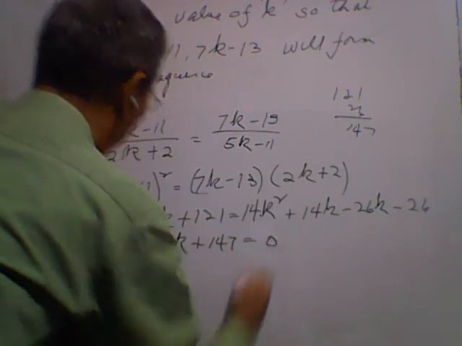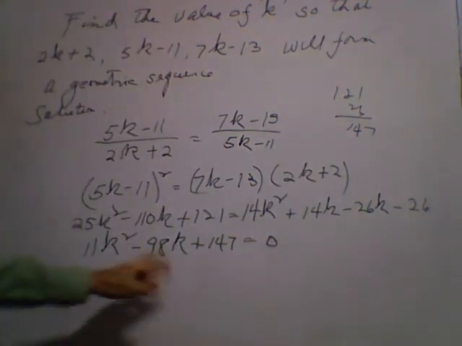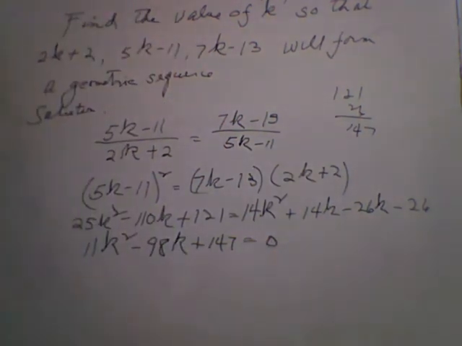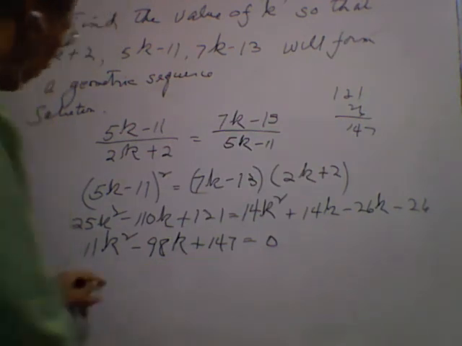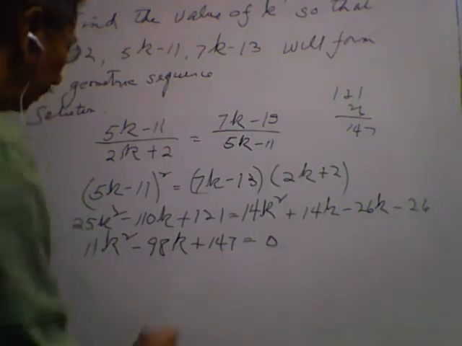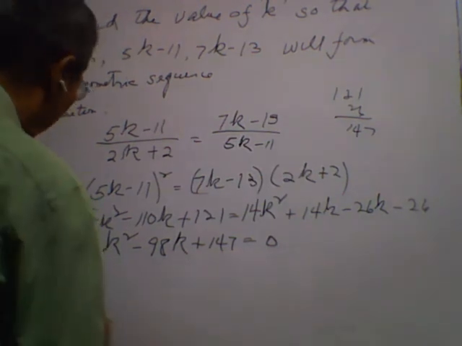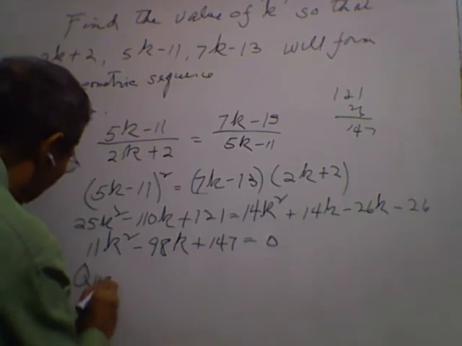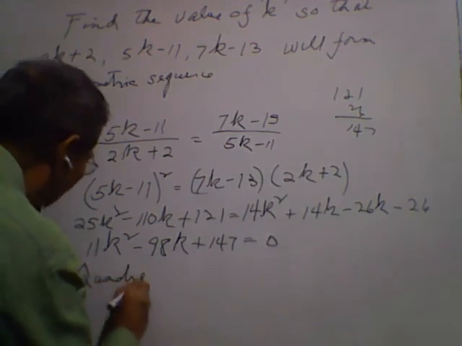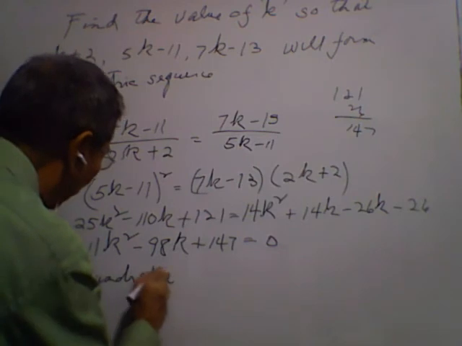So as you can see, it will be hard for us to compute the value of k because of large numbers here. So we'll make use of the quadratic formula.